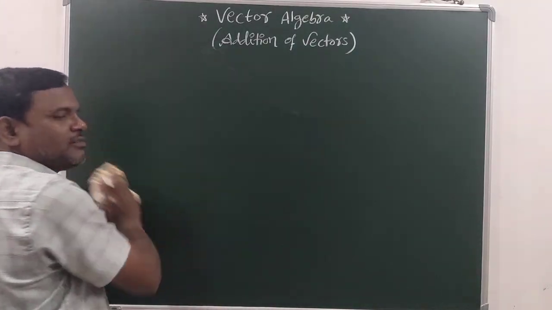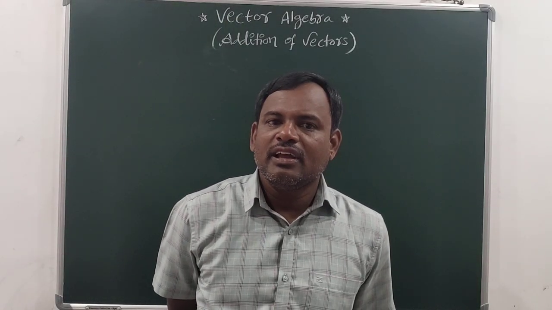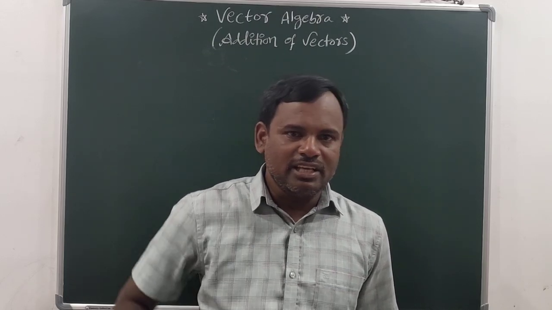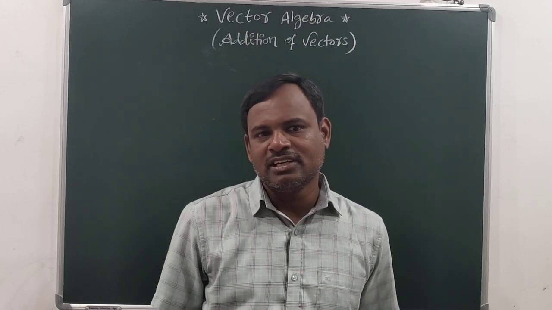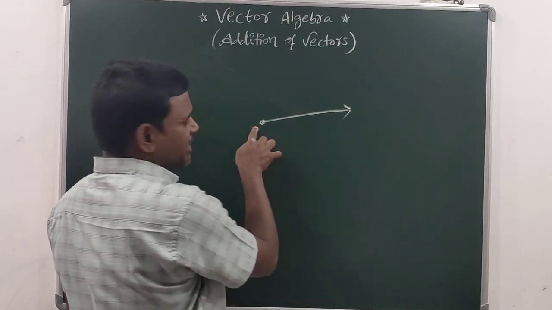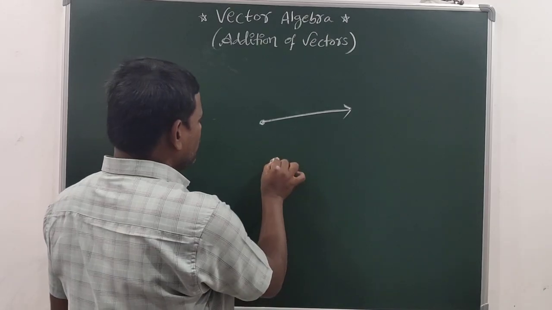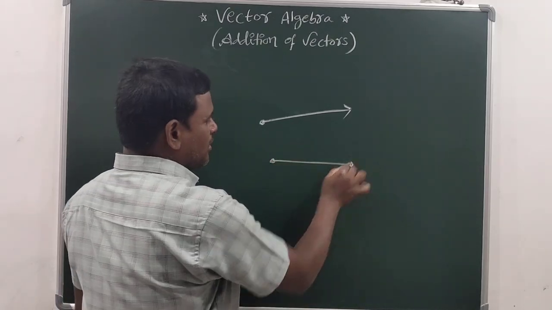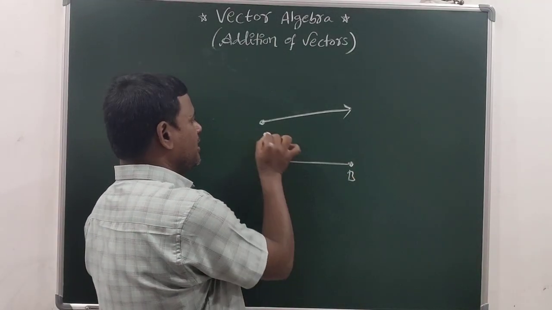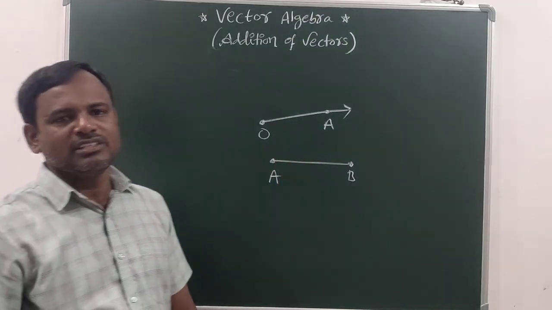Next, let us learn the localized vector. It means at least one of its ends is fixed. See how I am using it: at least one of its ends is fixed, means you may get it like this. One of its ends is fixed and the other end is continuous. Otherwise, both ends are fixed. Let it be A, B, and this is OA. So this kind of vectors are known as localized vectors.